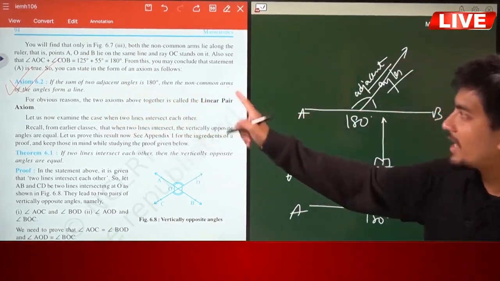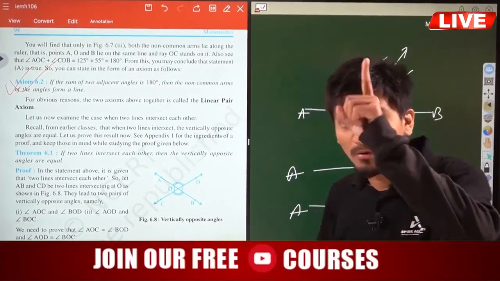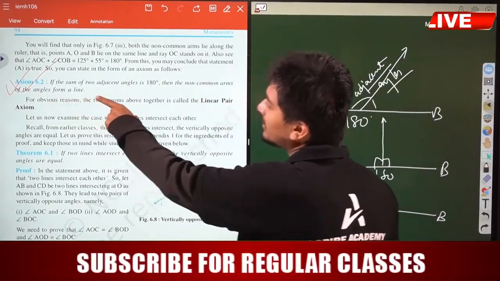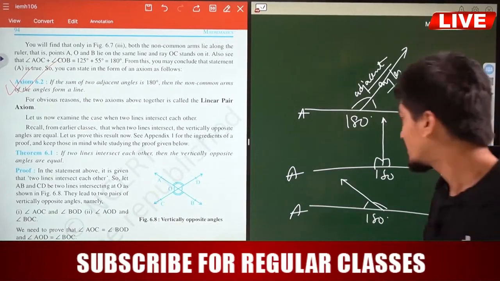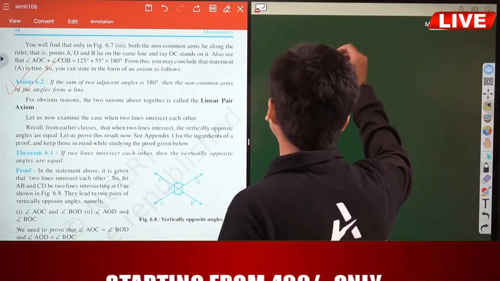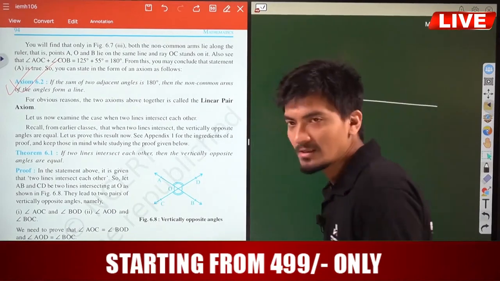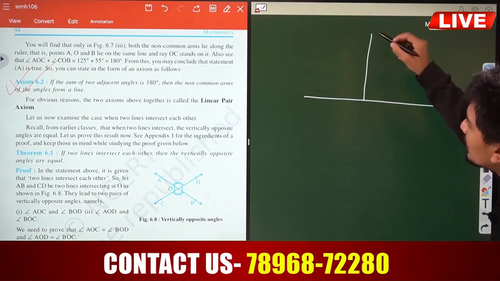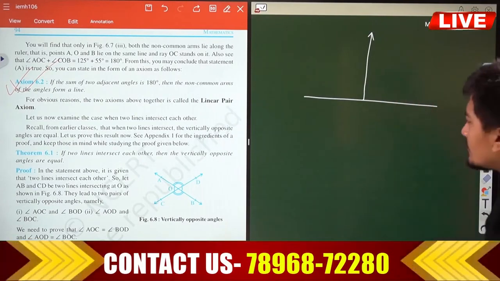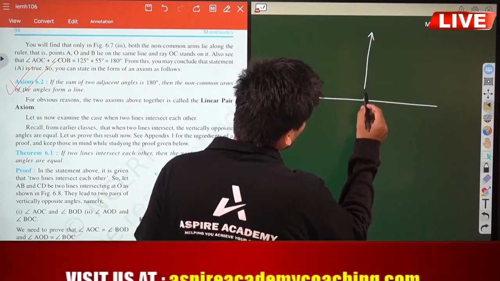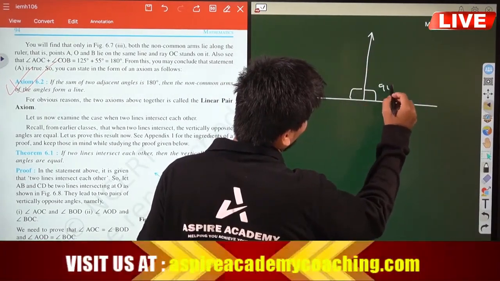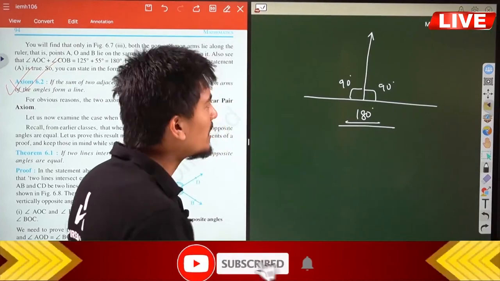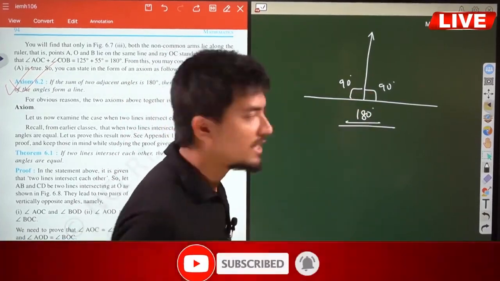So say this is a line, and a ray stands on this line, and the adjacent angles are this 90 degrees plus this 90 degrees, so it becomes 180 degrees, right? These two angles are known as adjacent angles.